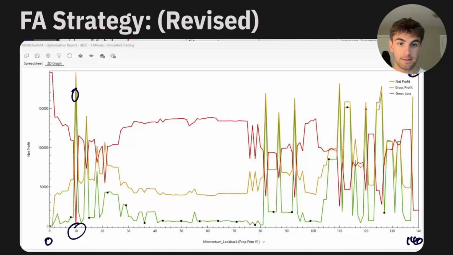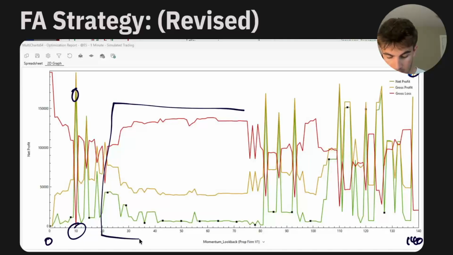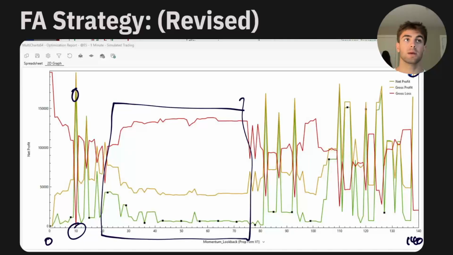Now, what we can see is that this range, if you ran it over a bunch of different time frames, probably wouldn't give you a good result on any of them, because in this whole range, the net profit is pretty low, sitting around that 6,000 mark.